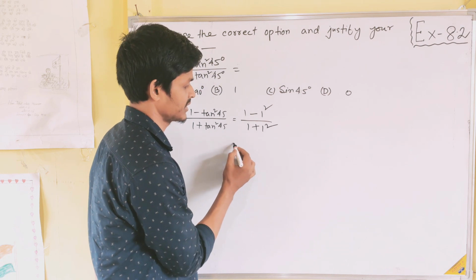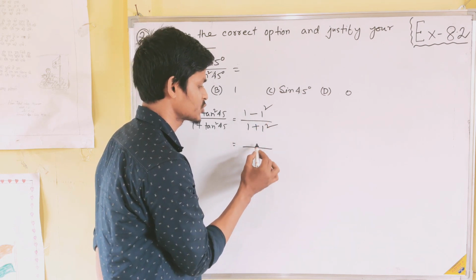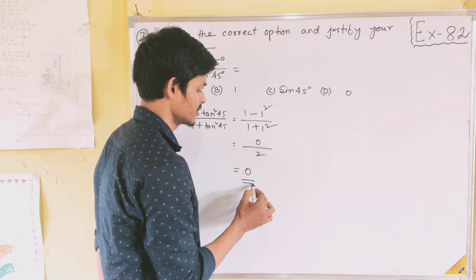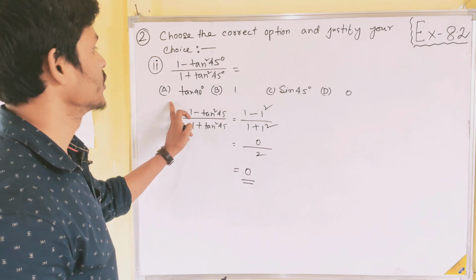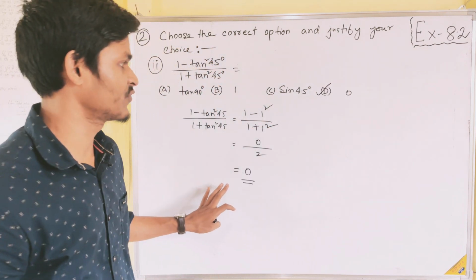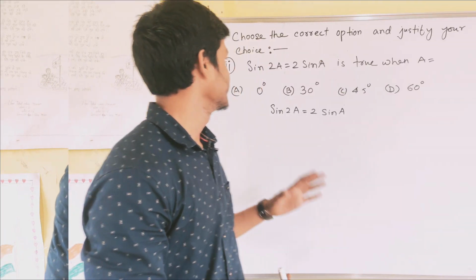So 1 plus 1 is 2, and 1 minus 1 is 0. So 0 by 2 is 0. The answer is 0, option D, and this is your justification for choosing option D.